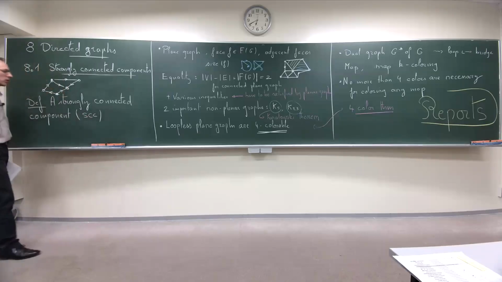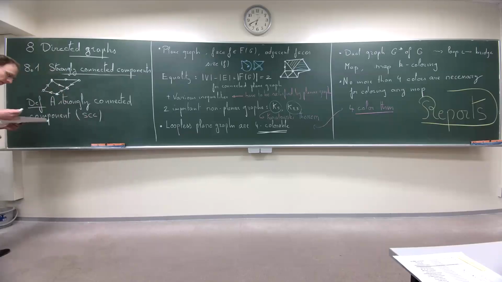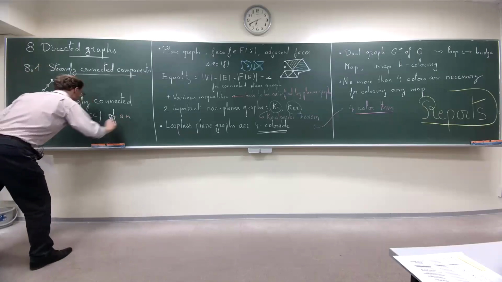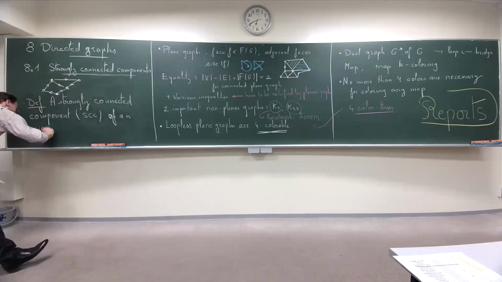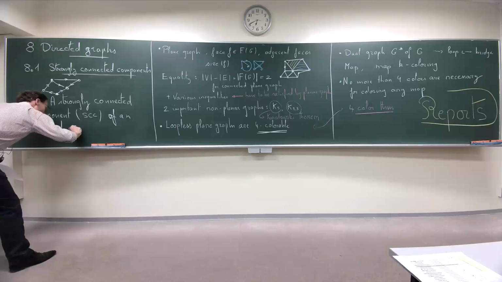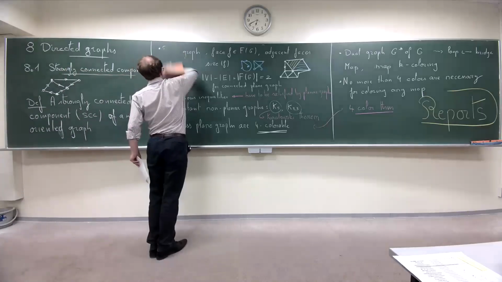I don't want to write all the time strongly connected component. So a strongly connected component, or SCC, of an oriented graph, you can probably guess the definition.